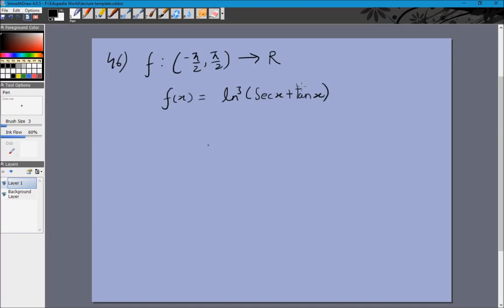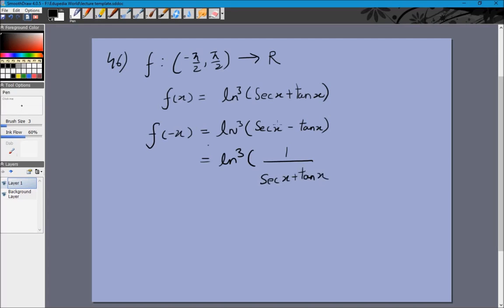So let's look at whether it's odd or even. For that we need to look at f of minus x, that is equal to ln cube of sec of minus x, which is just sec x, and tan of minus x is minus tan x, right? We know sec square x minus tan square x is 1, so we can also write this as ln cube of 1 by sec x plus tan x, because sec x plus tan x into sec x minus tan x is sec square x minus tan square x, which is 1.